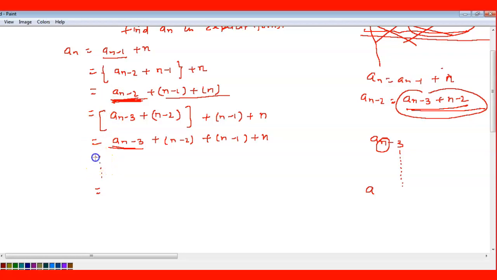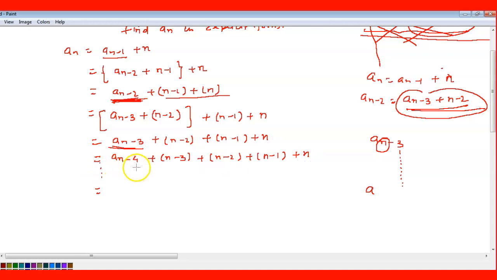If you have confusion, write one more term and check. No need to simplify; directly write the next term. Because n minus 3 was there, then n minus 2 comes, so if we keep decreasing, a_{n-4} + (n-3) will come, and the rest stays as it is. No doubt in this?